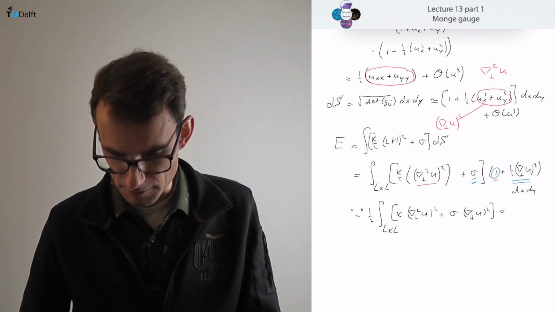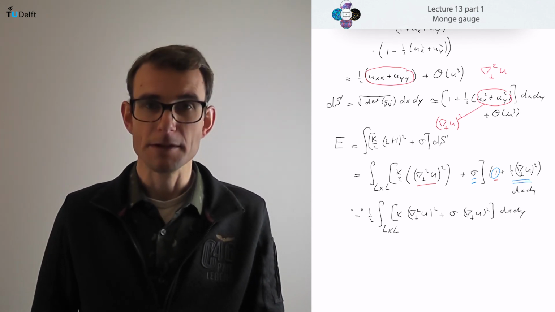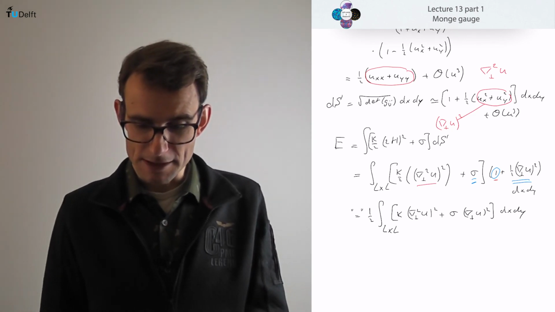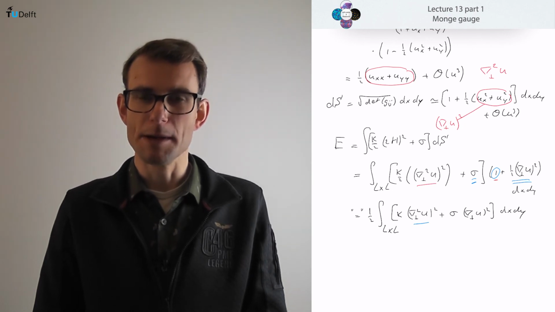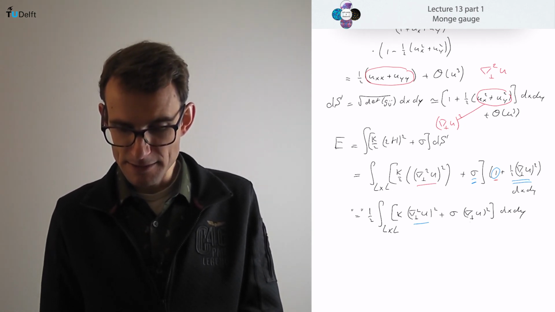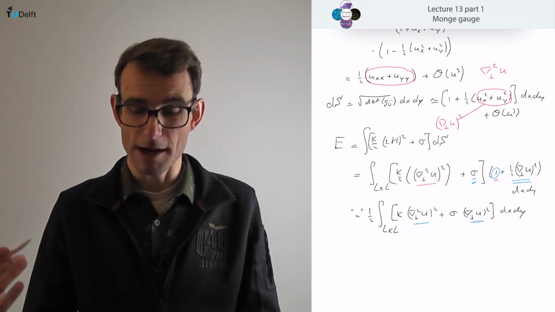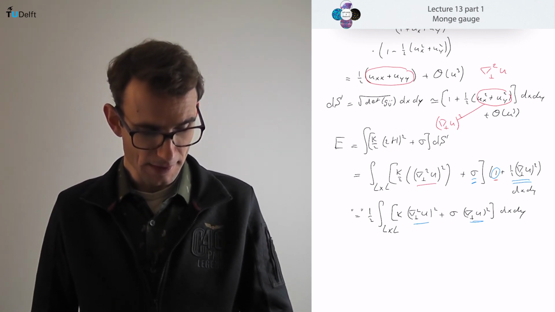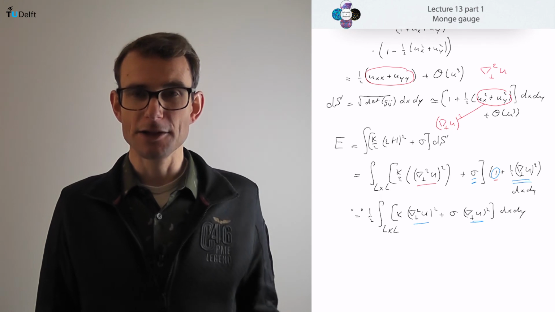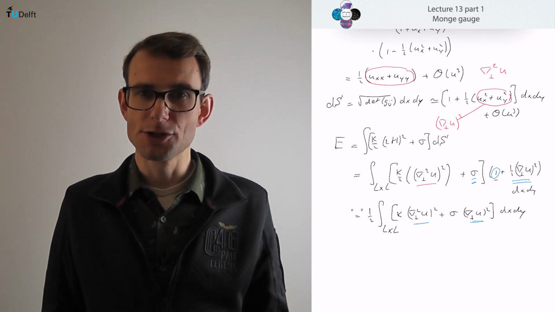And now we're simply integrating over x and y. Notice that this is really two different things. The Laplacian squared is already a number, while the gradient is still a vector, so the square of the gradient is taking the norm of the vector. So this is the energy of the membrane in the Monge gauge.